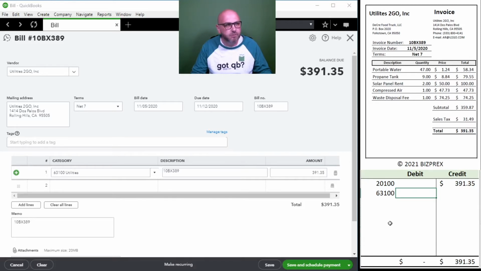We will only touch the accounts payable account. Okay, here it is. Debits and credits are in balance, right? This amount right here, it's a debit to account 63,100, and this amount right here, it's a credit to account 2,100. Even though you don't see that 2,100, I put it out for you here.